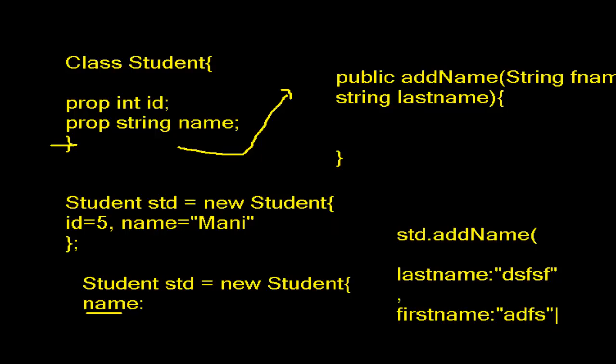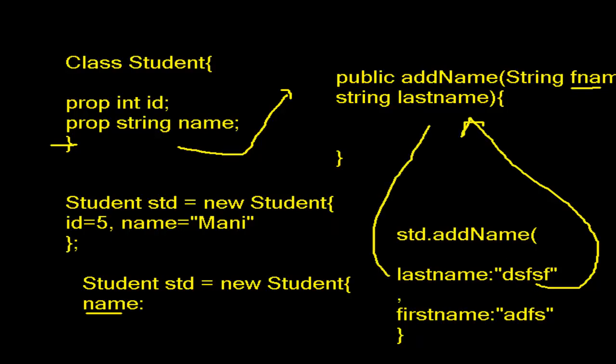Now what is the difference between these two things? You will notice that you are supposed to write the first name first and the last name next, but you said that I am supplying you the last name first. So you are, in other words, saying that this is a value for the last name and this is a value for the first name.